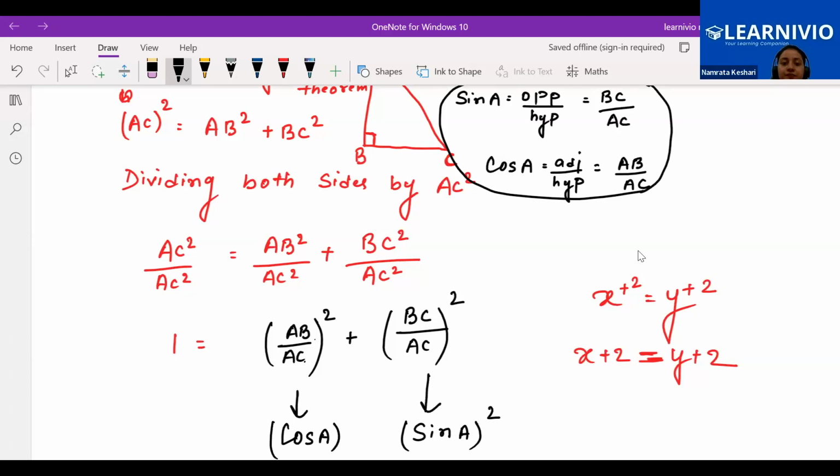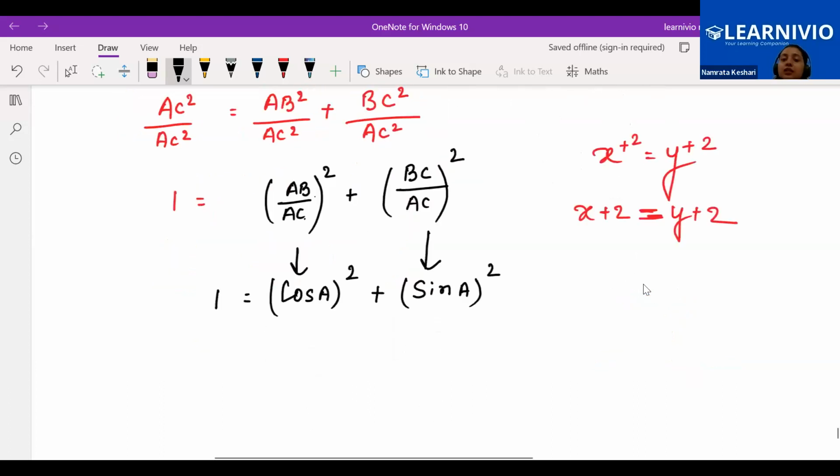And hence, can you see we got the identity cos square A plus sin square A is 1. See, cos square A means what? Cos square A means cos A's whole square. Okay, what is sin square A? Sin square A means sin A, that's the complete square.